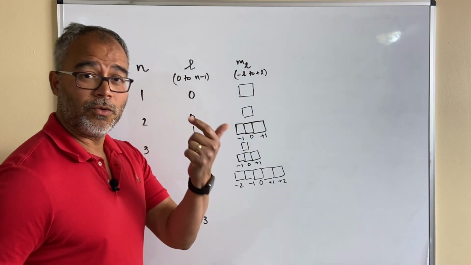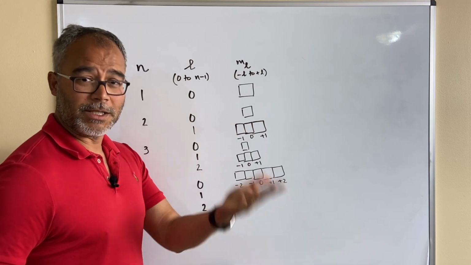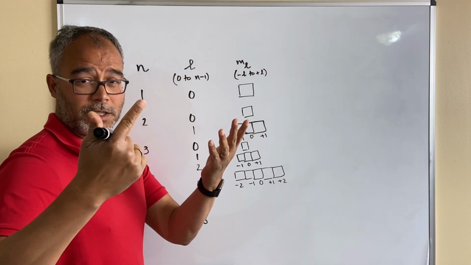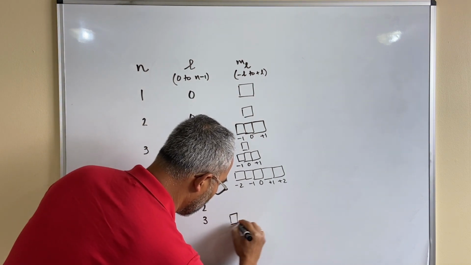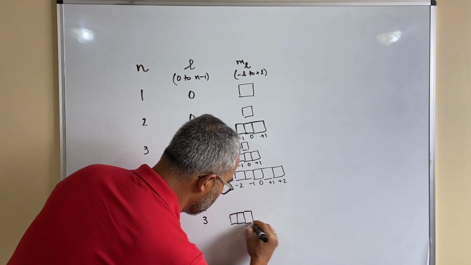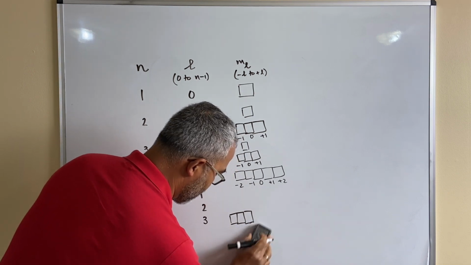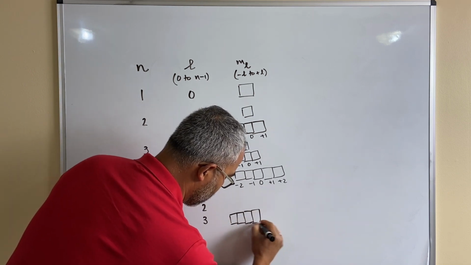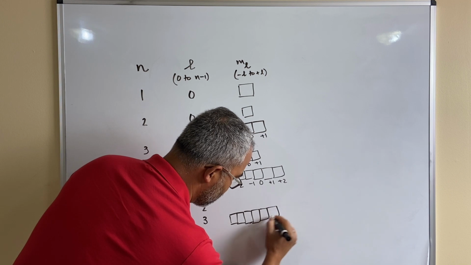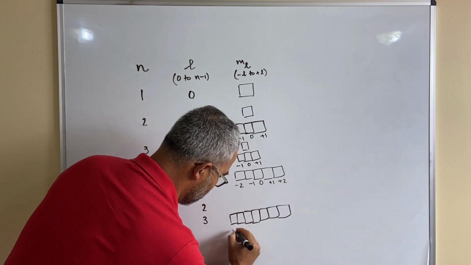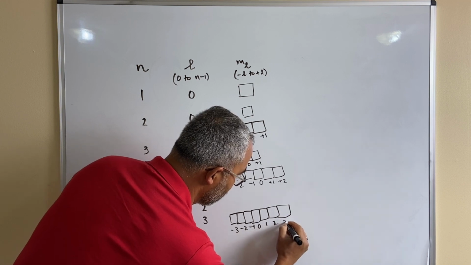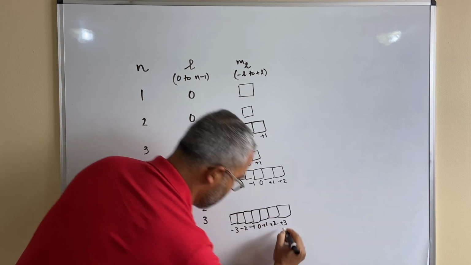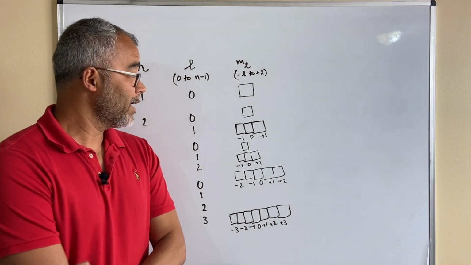Negative 3, negative 2, negative 1, 0, positive 1, positive 2, positive 3. So that's 7 boxes. That's basically how that works.